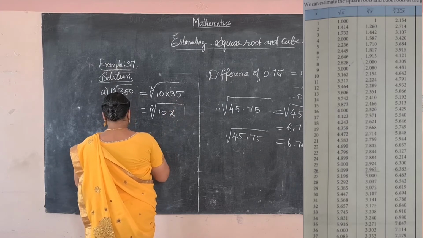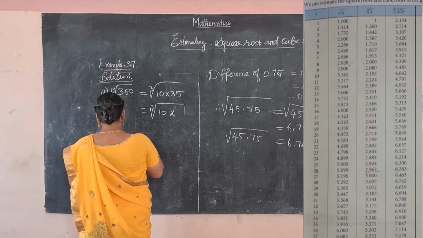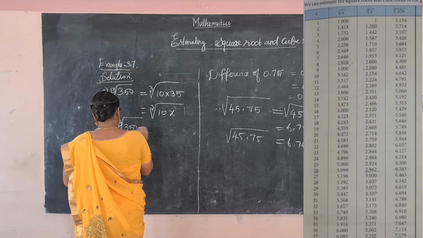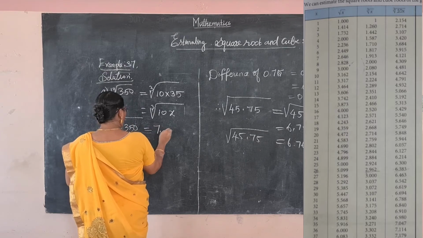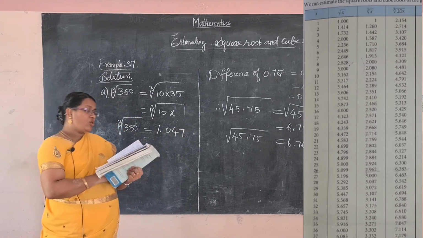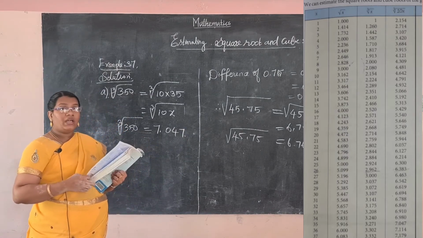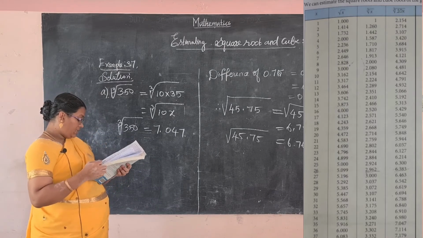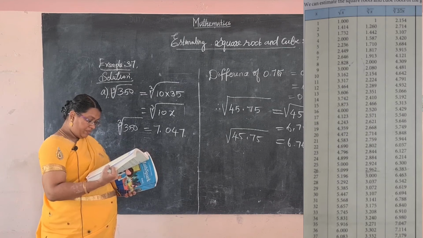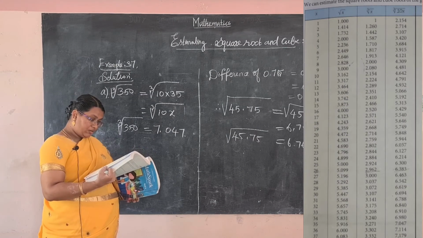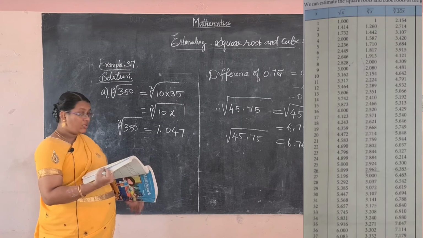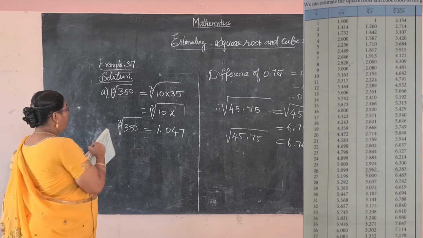We have considered it like this. So what is the value of the cube root of 350? 7.047. In which column do we see it? The third column, against the number 35: 7.047. Okay, that's it.